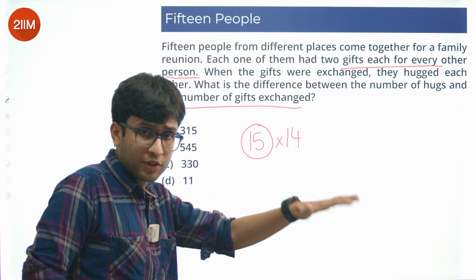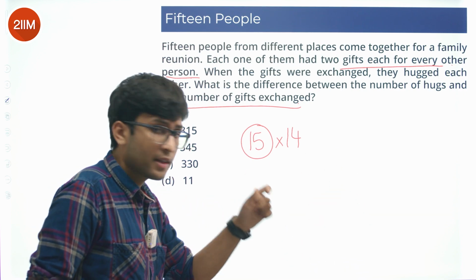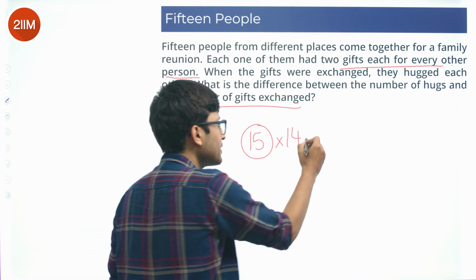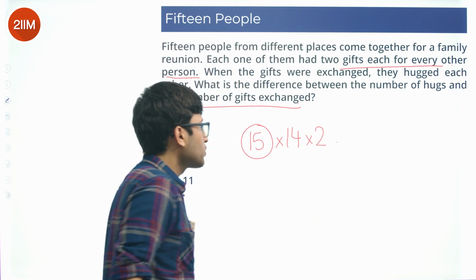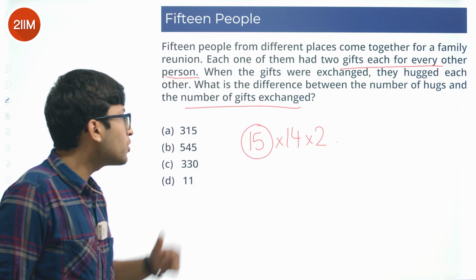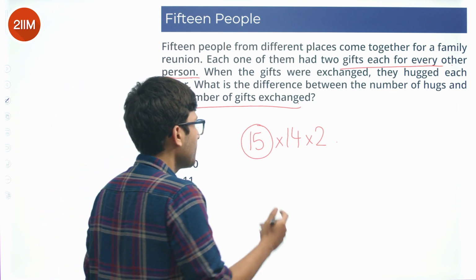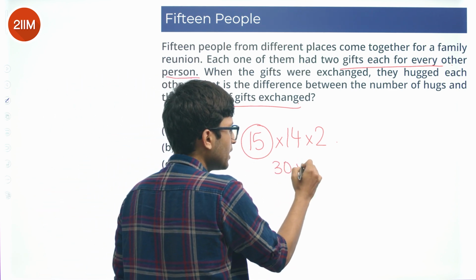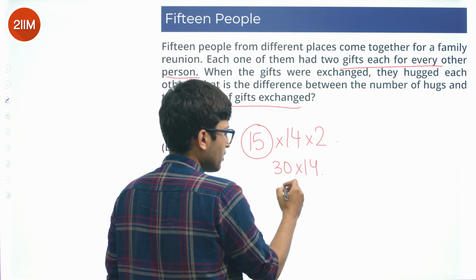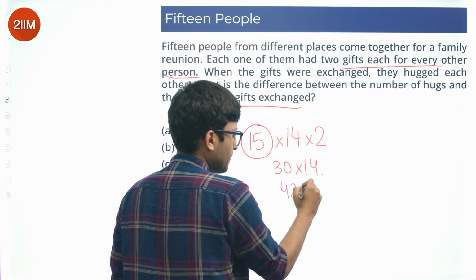And how many gifts would he be giving to every person? The answer is 2. For every person, the value is 2. So 15 into 14 into 2 should be the value which I need. So this would be equal to 30 into 14, 420.